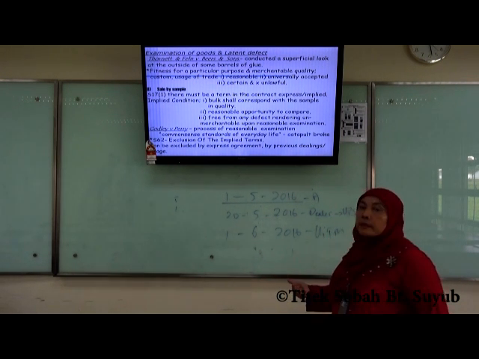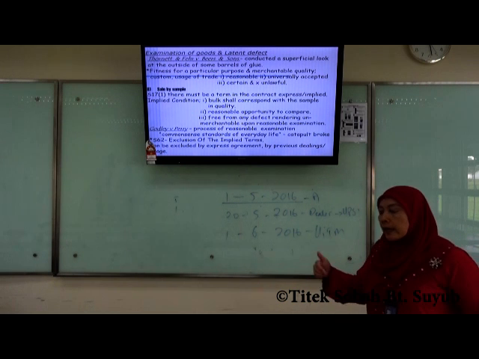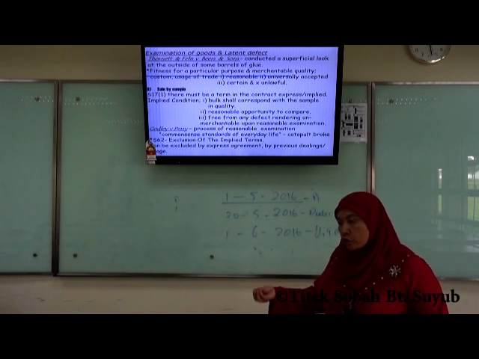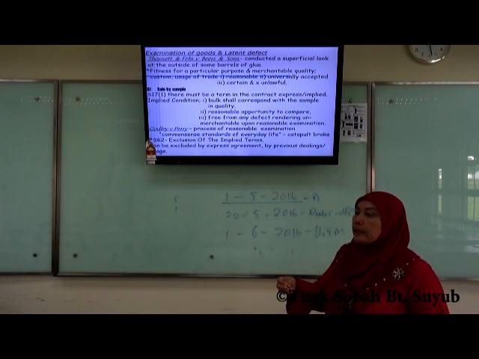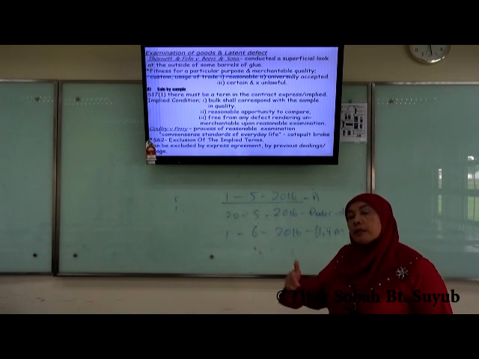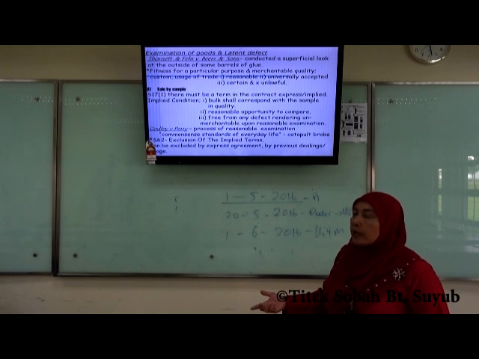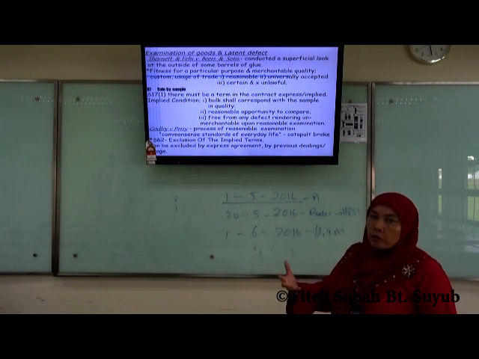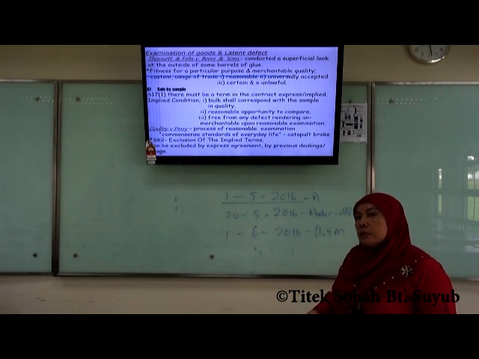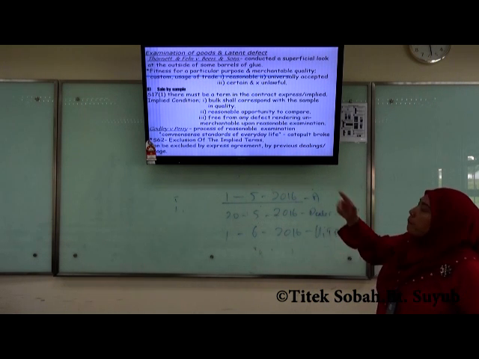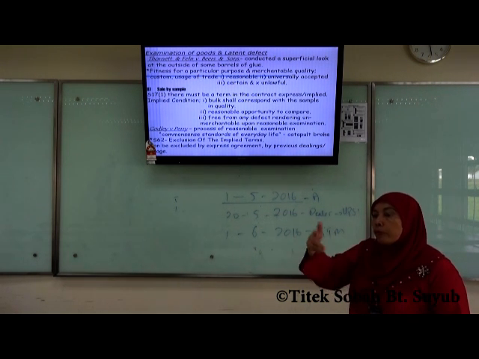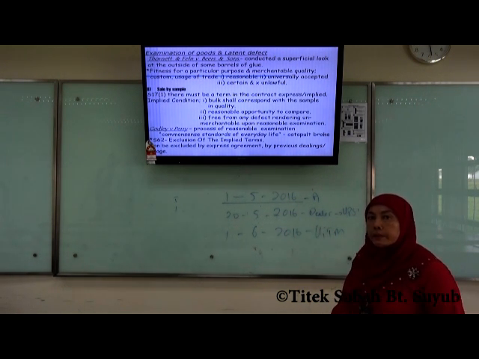Then only the buyer will be protected. And under a sale by sample, it is an implied condition, meaning if this condition is not fulfilled, of course the customer can ask for a refund and reject the goods. Firstly, the bulk which is received by the customer should correspond with the sample in quality, the sample which has been seen by the customer.